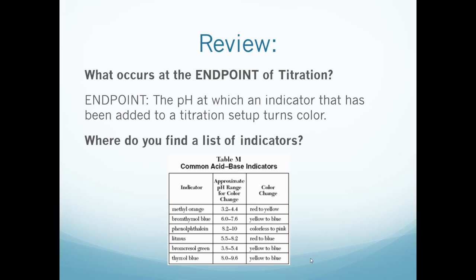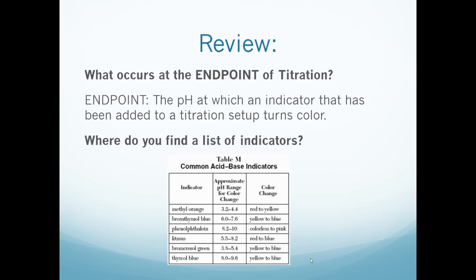Same thing with bromothymol blue. It'll be yellow at 6, blue at 7.6, and in between it would be green. Phenolphthalein would be clear at 8.2, pink at 10, and a very light pink between 8.2 and 10.